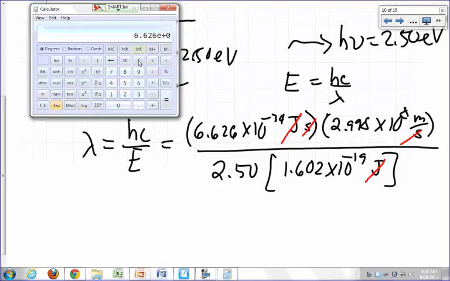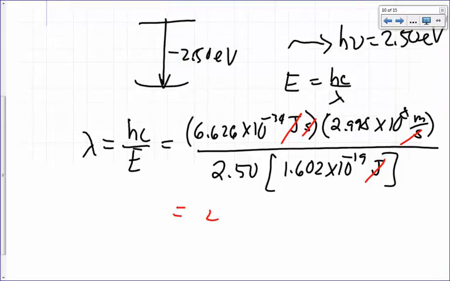6.626 times 10 to the negative 34 times 2.998 times 10 to the 8th divided by 2.5 divided by 1.602 times 10 to the negative 19 equals 4.96 times 10 to the negative 7 meters.